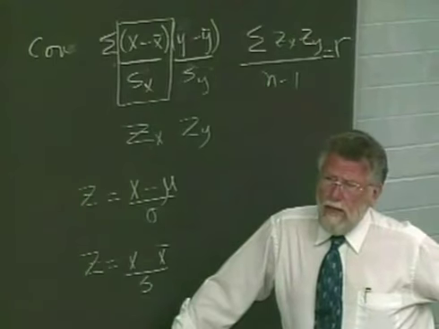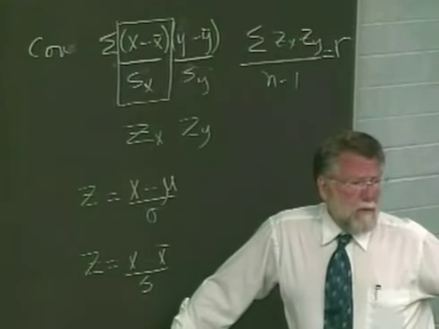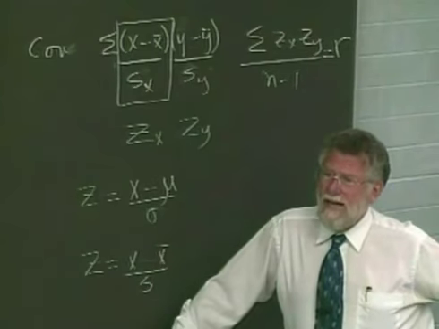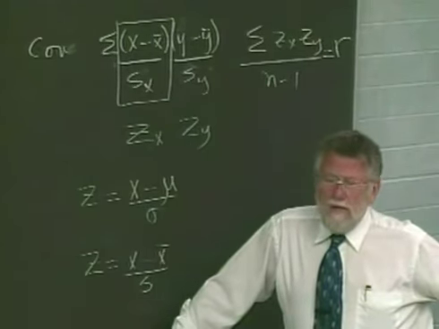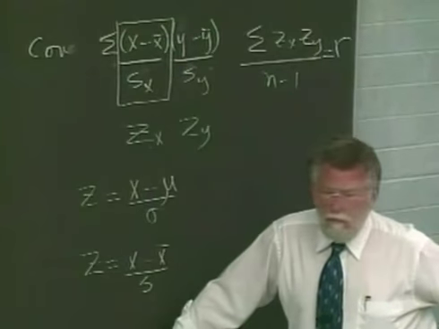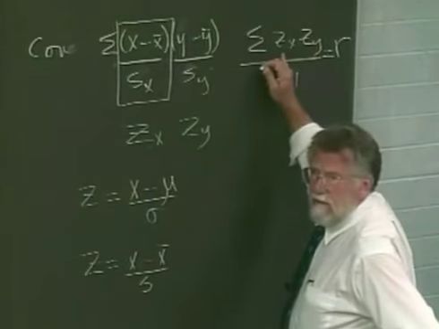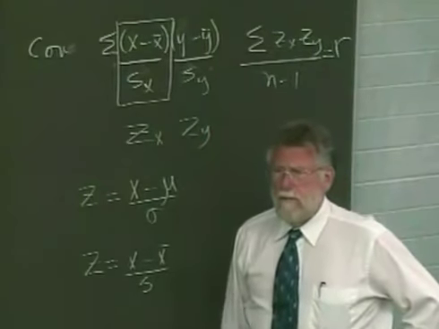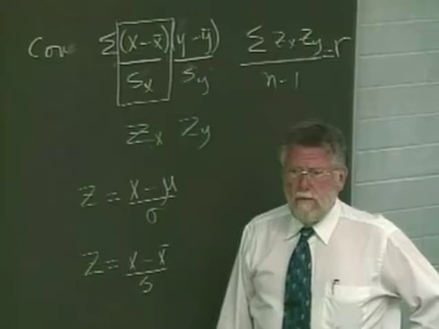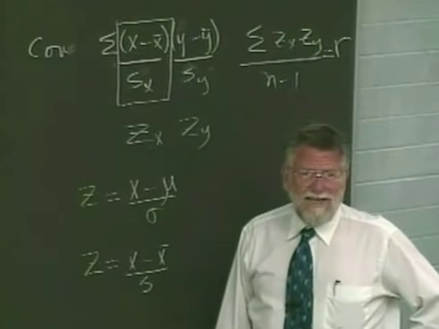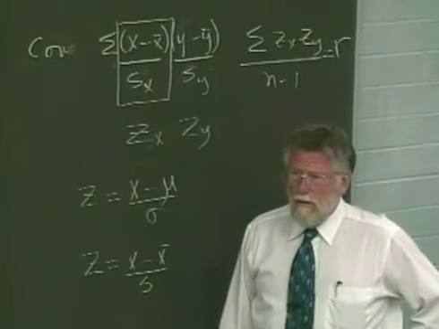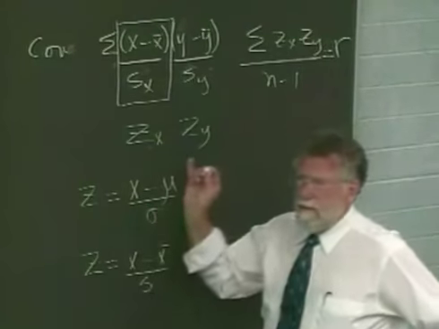You need a column for y minus y bar over s sub y, and you do that also for the x, because I have to get both these z's and then take their product and add them all up. Conceptually, it's great. Computationally, no. So let's slide.